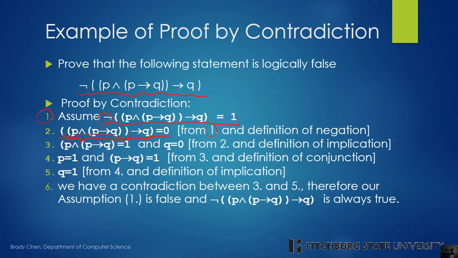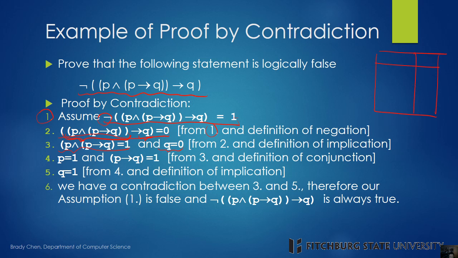Now the next one is we have this proposition and this proposition, so this is an implication. If the implication is 0, then the first part must be true and the second part is 0, by the definition of implication.